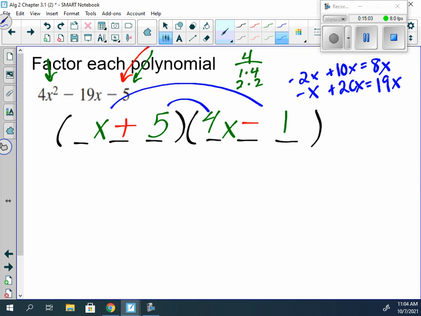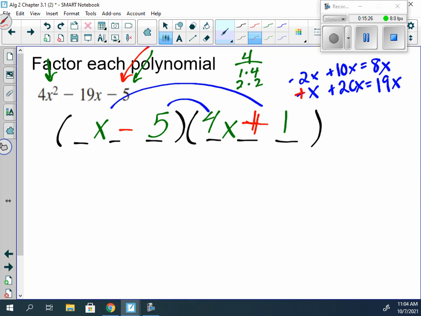Instead of flipping anything or changing the numbers, I can switch the negative to positive and the positive to negative. And that would give us the correct middle term, because now we have x times 1, which would be positive x.